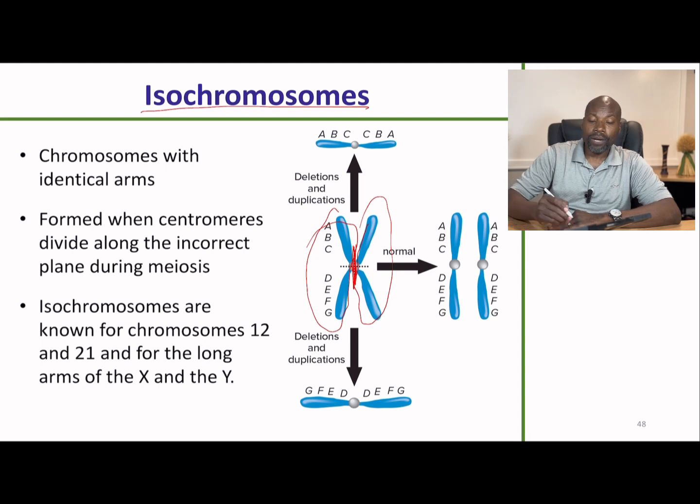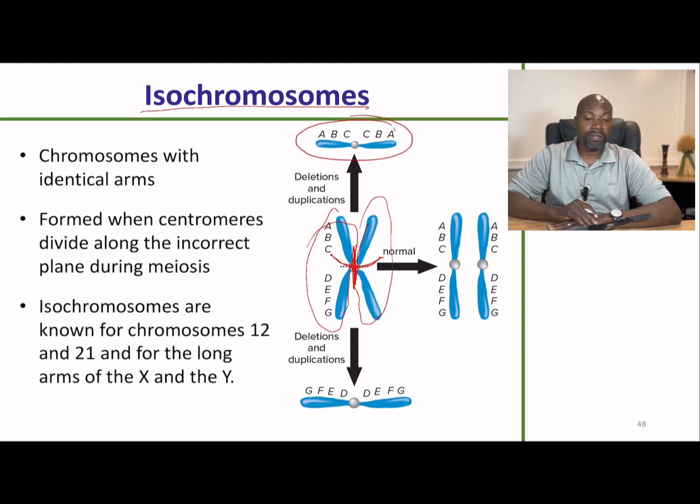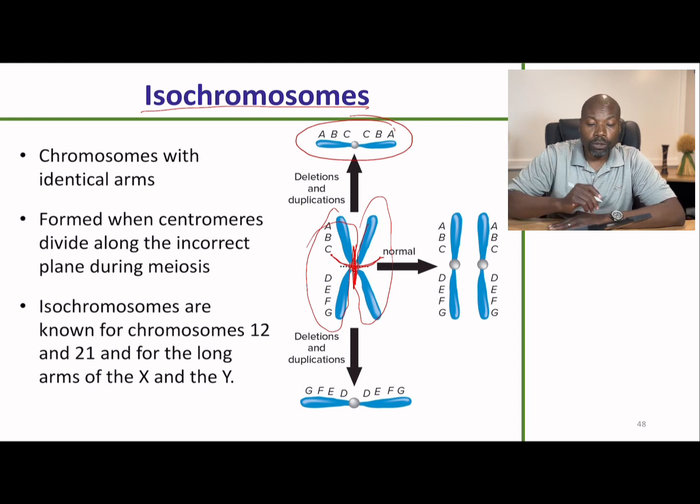It doesn't always happen that way. It can actually happen in a way that, boom, you have a separation here so that you have these two short legs that are together. So you have a duplication of the genetic information there. It can happen so that these legs are going to come together.